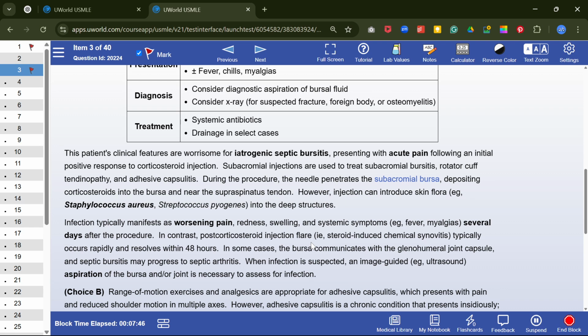In some cases, the bursa communicates with the glenohumeral joint capsule, and septic bursitis may progress to septic arthritis. When infection is suspected, an image-guided ultrasound of the bursa or joint is necessary to assess for infection. Okay.